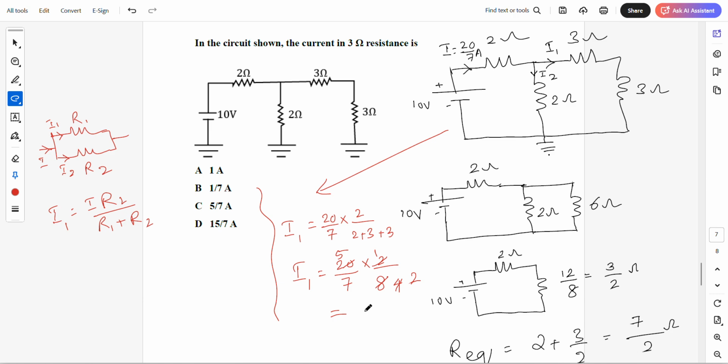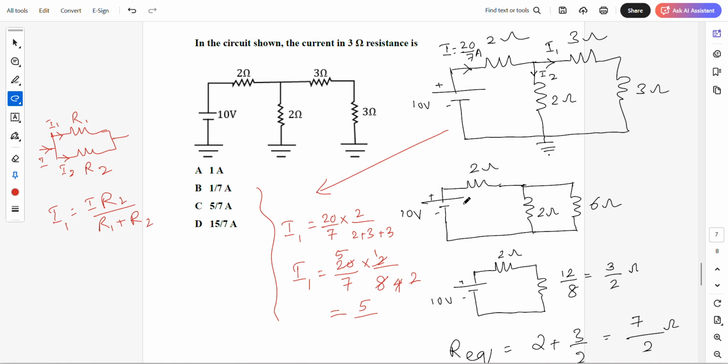How much are we getting now? This is 4 times 5 by 5 by 7, again 2 2 I can cancel.